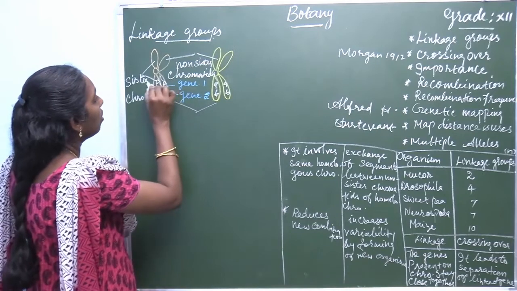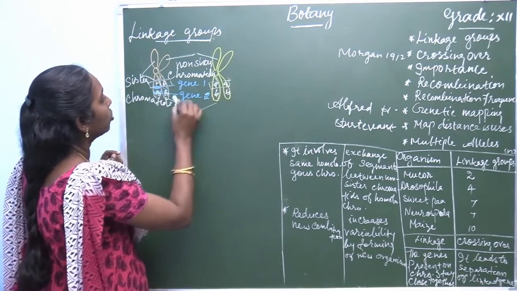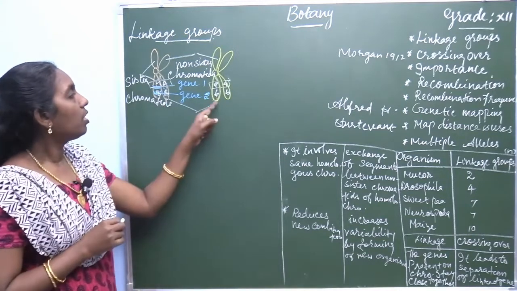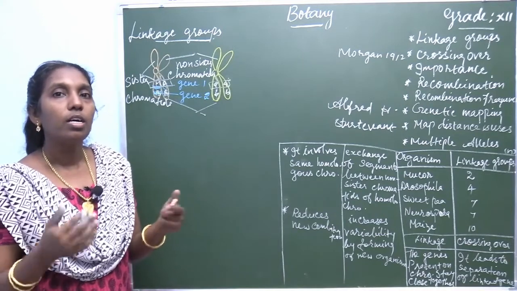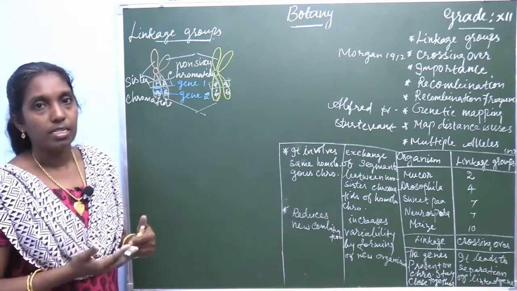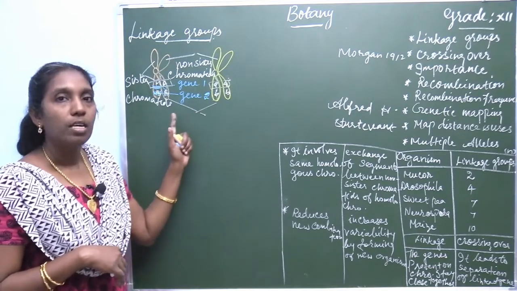The genes at this locus are exchanged between the non-sister chromatids. So it increases new recombinant genes and produces new varieties.